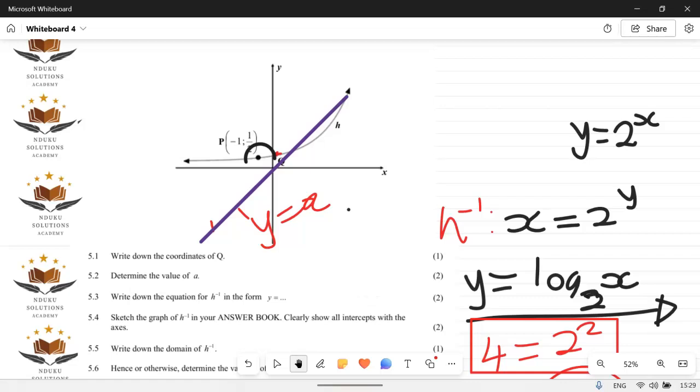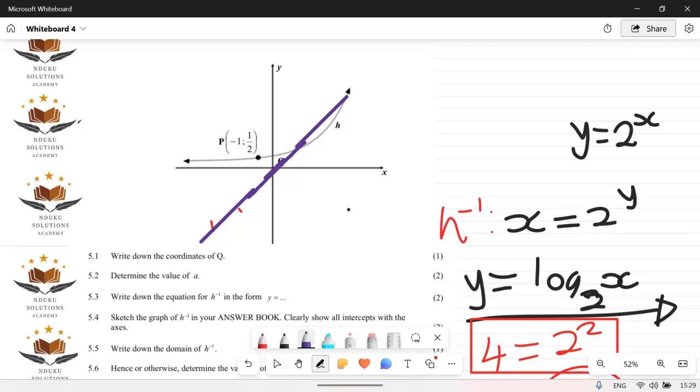Let me just erase this so that I can have some nice space. Okay, good. Redraw the line to be a straight line, so that it's accurate.